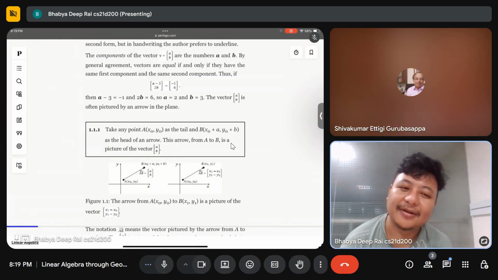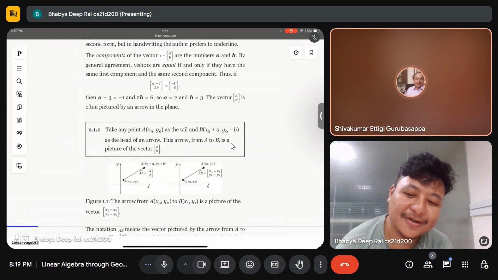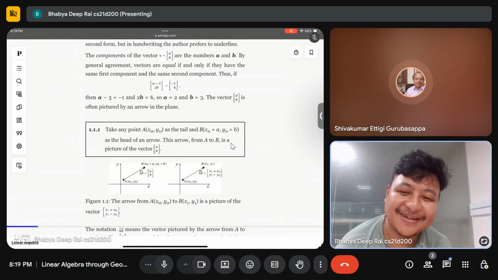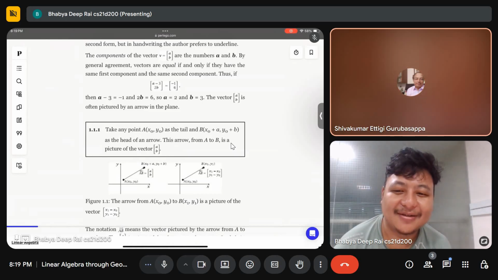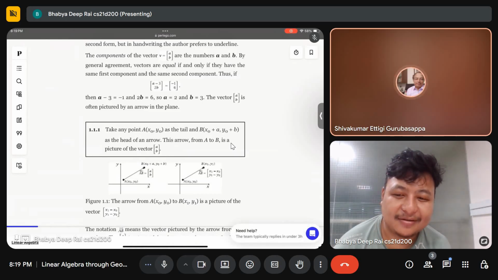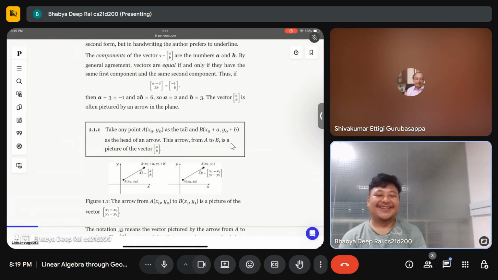In 2002, I completed it. Thereafter I was faculty at University Visvesvaraya College of Engineering, Bangalore. From 2002 to 2022, 20 years I taught there.